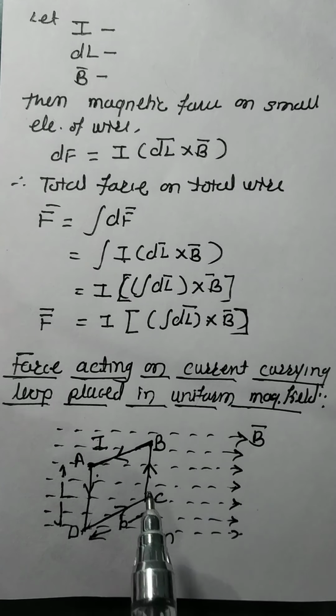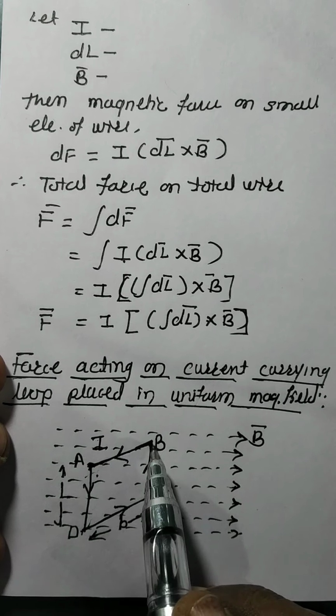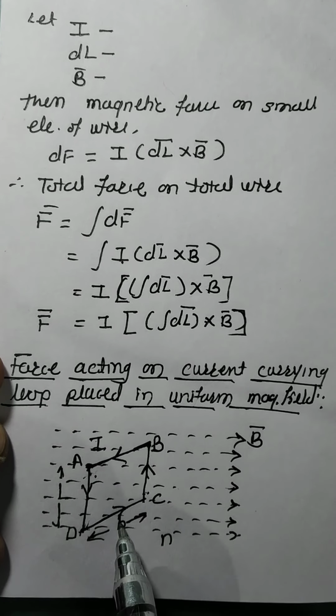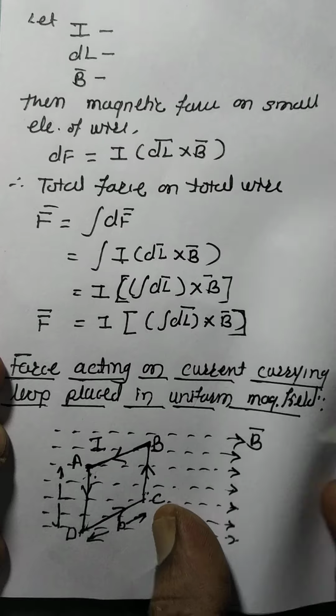Consider a rectangular loop of wire carrying current placed in uniform magnetic field.